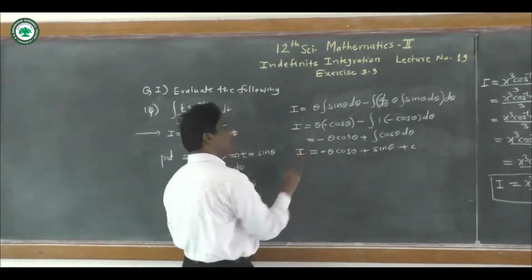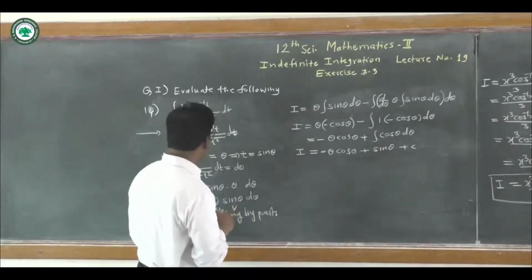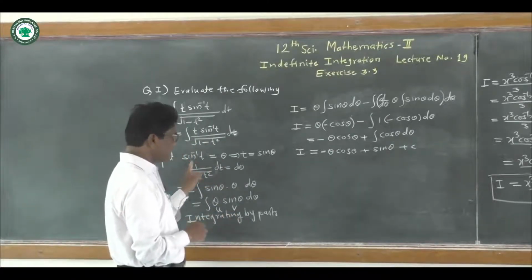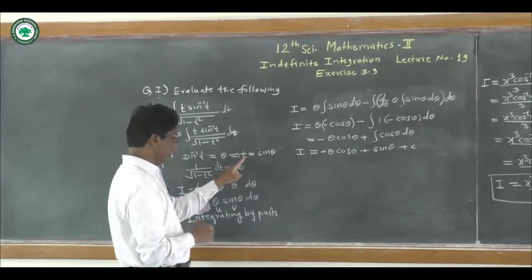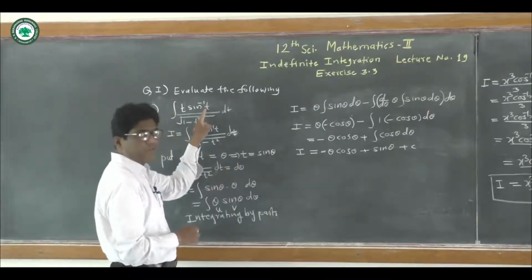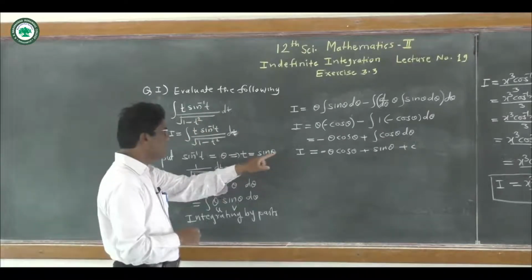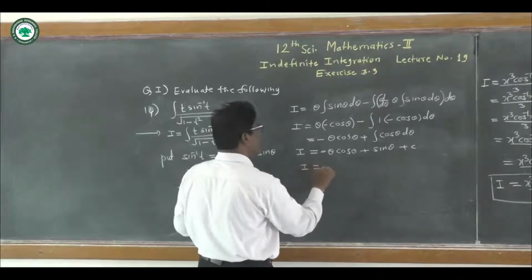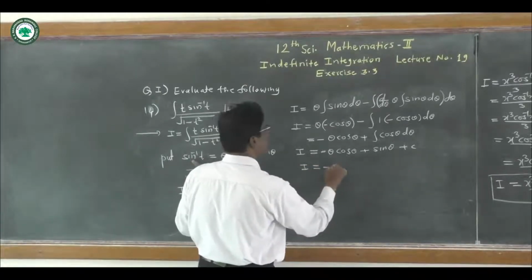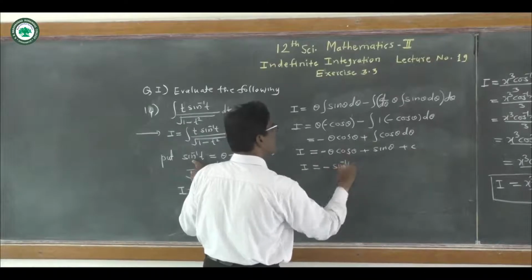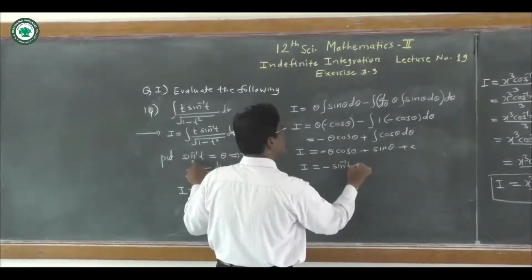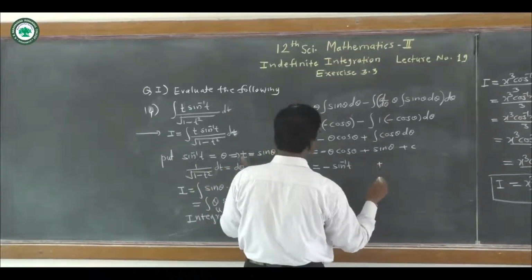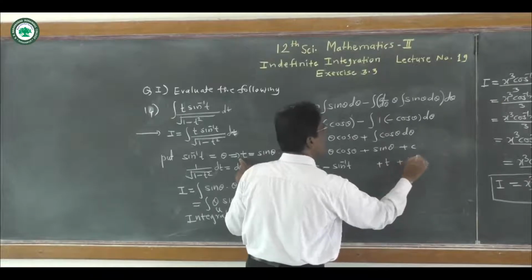This is I. Now here we put the value of theta. Theta here is sin inverse of t and sin theta is t, because the problem is in the variable t, not in variable theta. So we have to put the value of theta. So I is equal to minus theta is here sin inverse of t, into cos theta, plus sin theta is t, plus constant of integration.